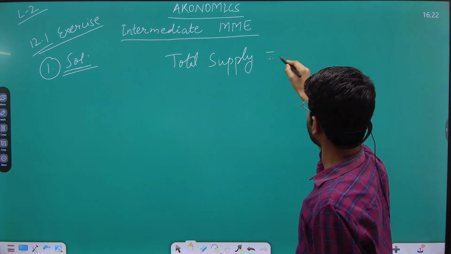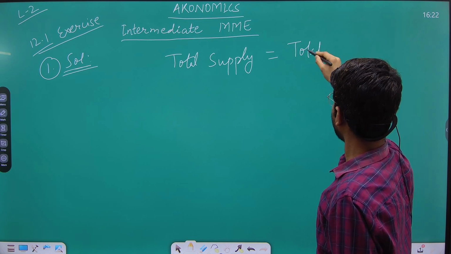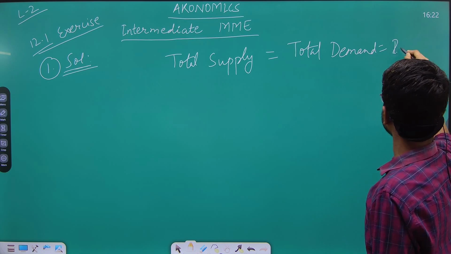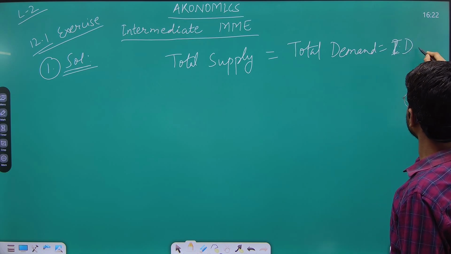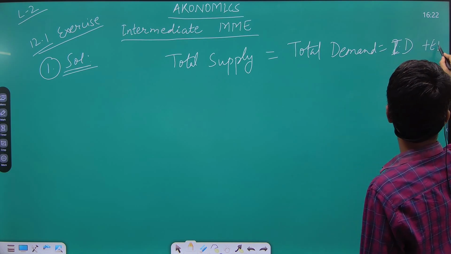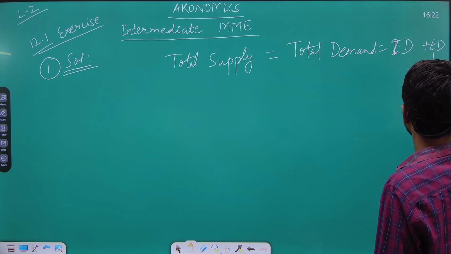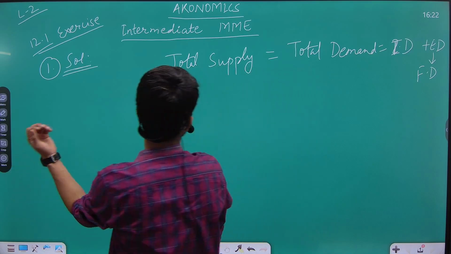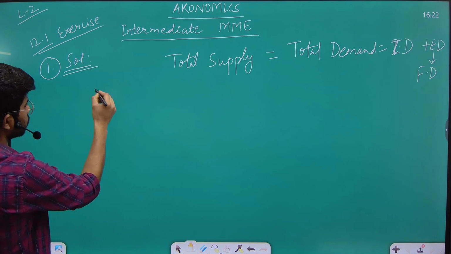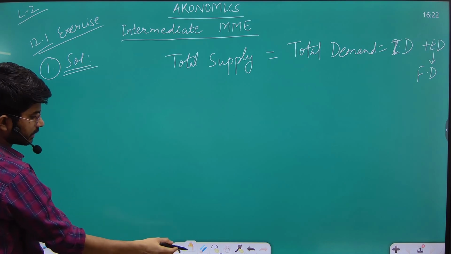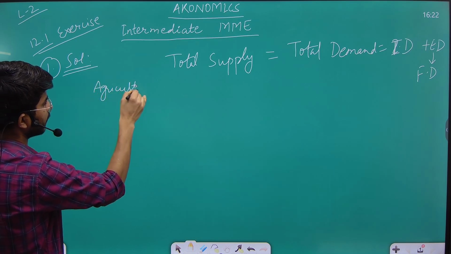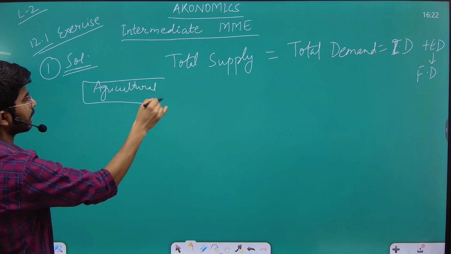That means total supply equals total demand, and total demand comprises internal demand, that is ID, plus external demand. External demand was also denoted by final demand. Okay? So total supply, that means whatever the output is to be produced. Suppose we are talking about sector A, the agricultural sector.